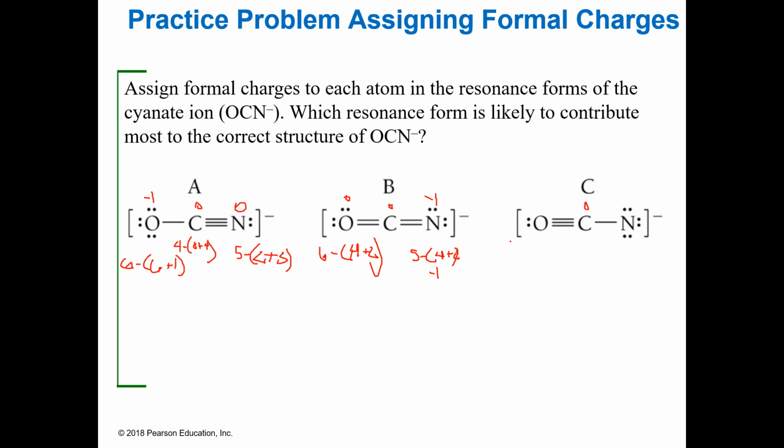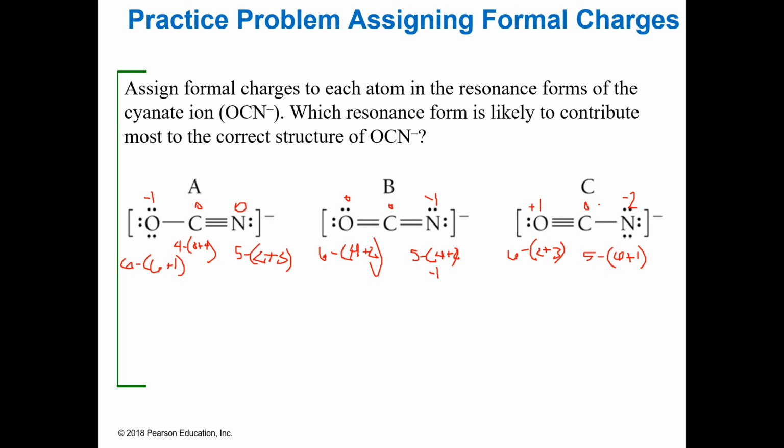All right, oxygen here, 6 minus 2 non-bonding plus 2, 4, 6 bonding, half of that is 3. So 6 minus 5 is +1. Okay. Nitrogen here is going to be 5 valence electrons, 6 non-bonding, plus half the bonding, which will be 1. So 5 minus 7 is -2.